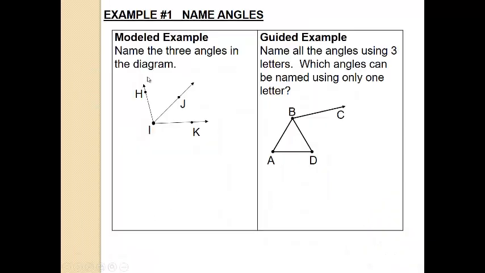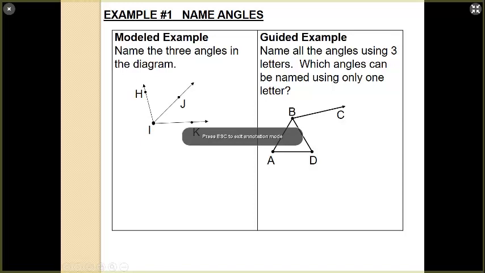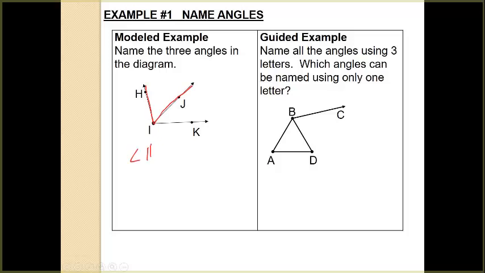So what I want you to do is go through the model example with me, and then I'm going to go through the guided example. Name the 3 angles in the diagram. The first angle is this angle right here, angle HIJ, or angle JIH.